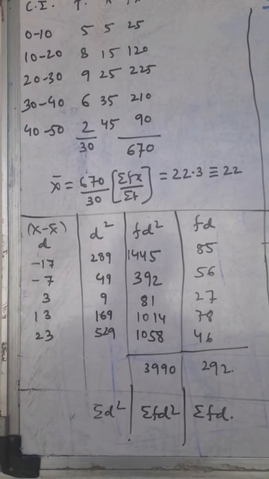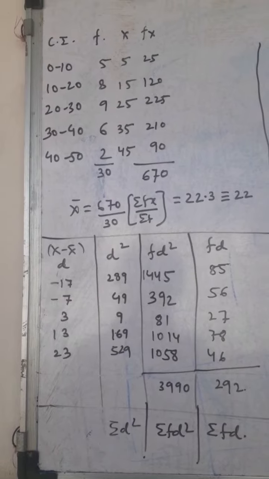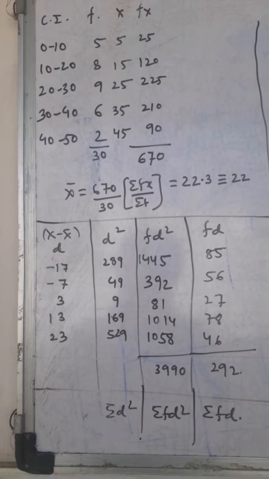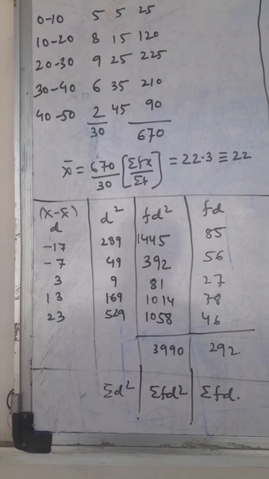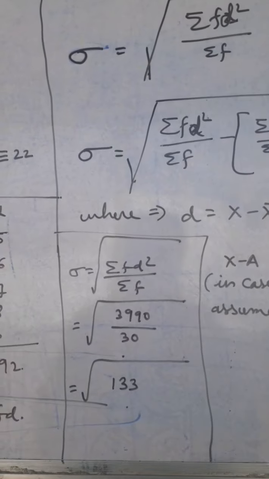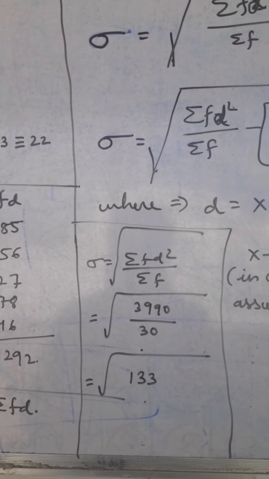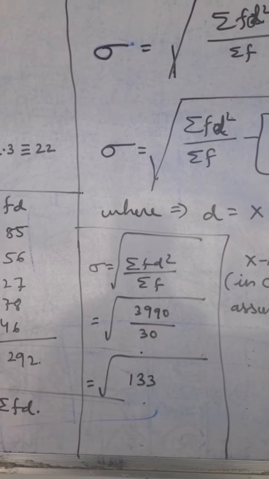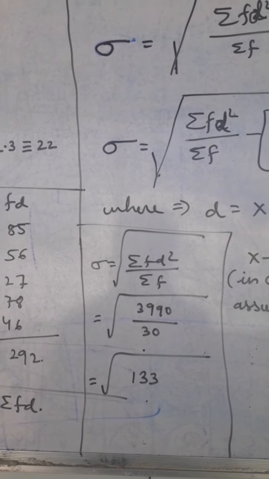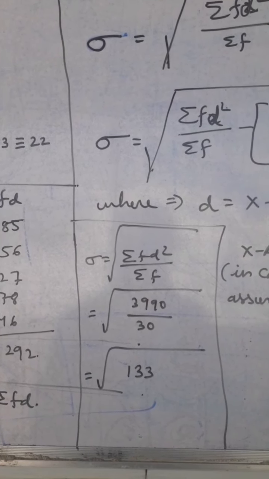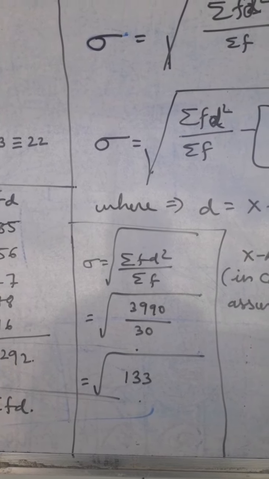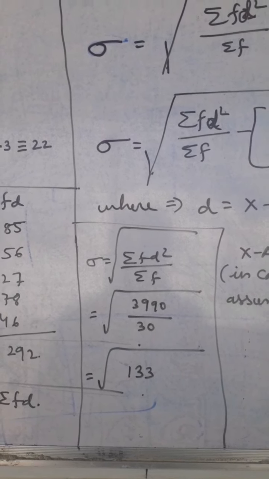And fd, which we need for the other formula, I have also calculated. The summation of fd square is 3990. So putting the values in the formula, under root summation fd square upon summation f, that is under root 3990 upon 30. 30 was our summation f. So the answer is coming exactly 133.